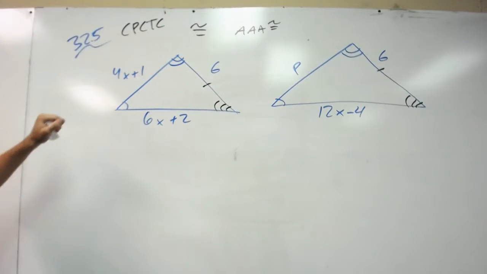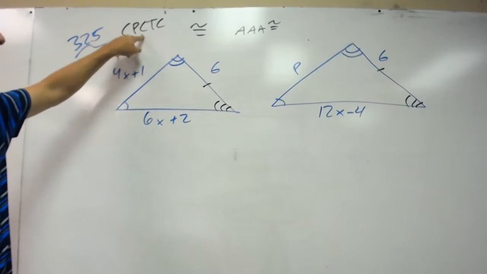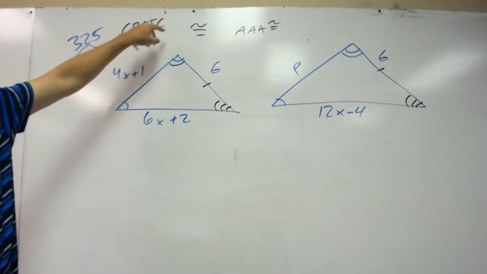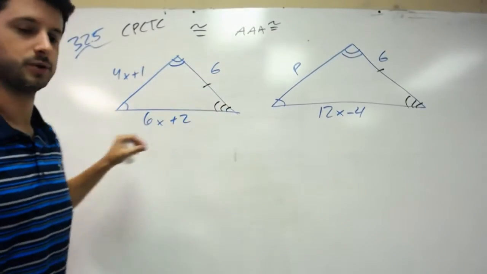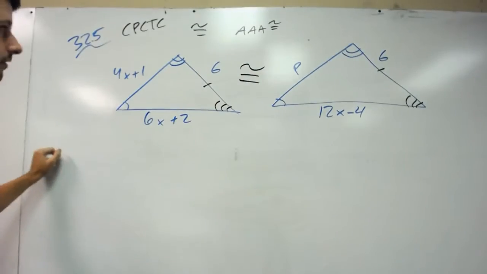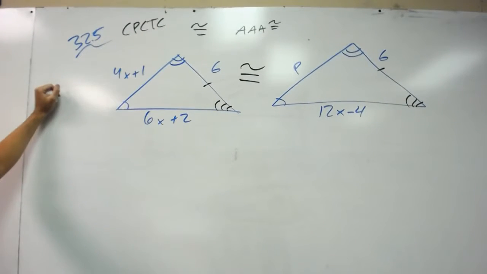I'm not going to write out each word, but it means corresponding parts of congruent triangles are congruent. We know that these triangles are congruent to each other. So therefore their parts, meaning their sides and angles, are also congruent.